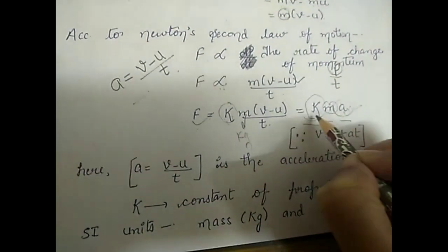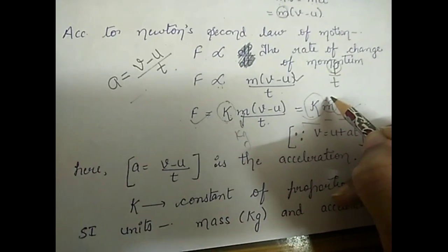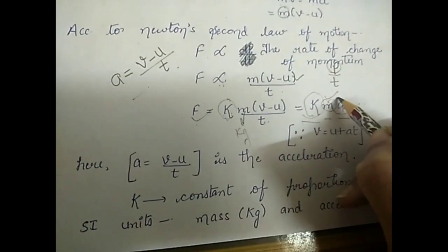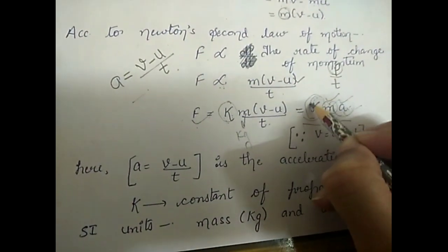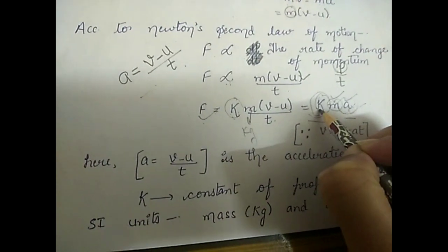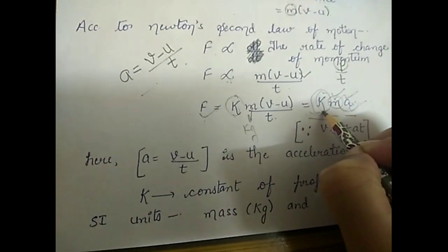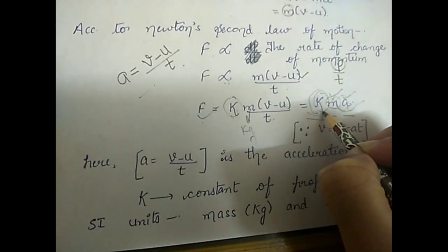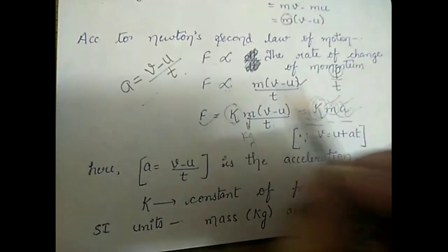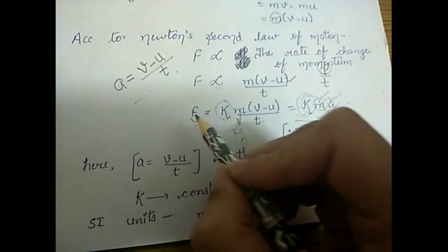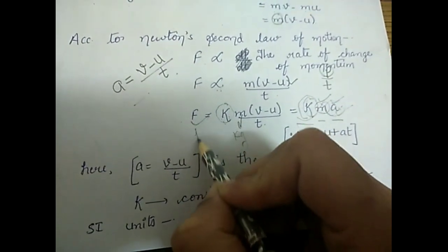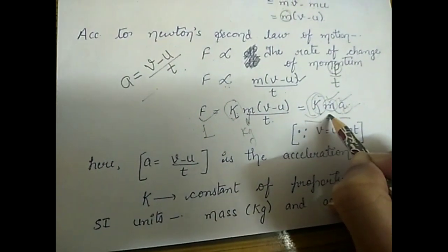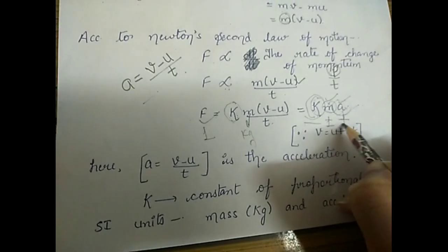We know the unit of mass and the unit of acceleration, but we don't know the unit of k. So we will first find the value of k by finding the unit force. We will keep force as 1, mass as 1 and acceleration as 1.